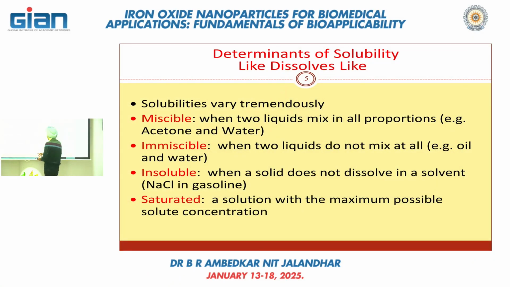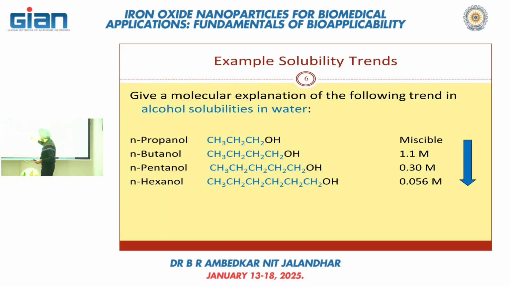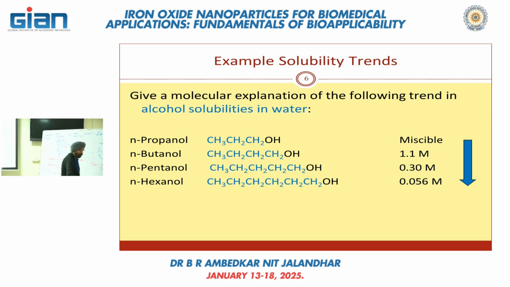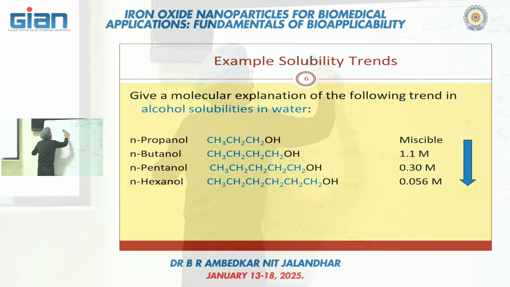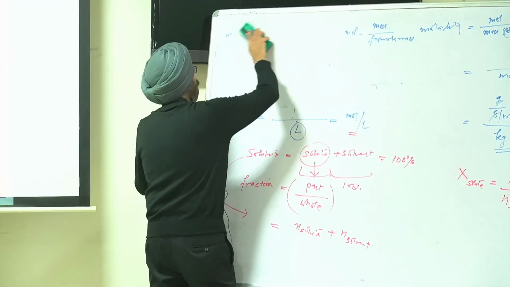So this thing you already know. Here, from propanol all the way to hexanol or beyond, if we keep on increasing the length of the hydrocarbon chain, that reduces the solubility.